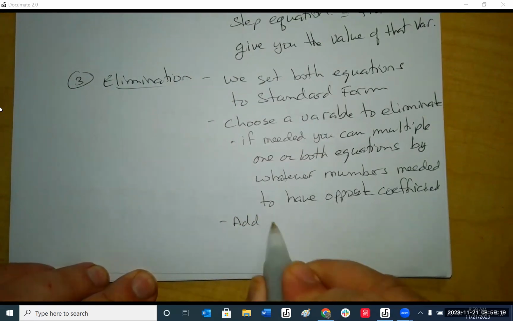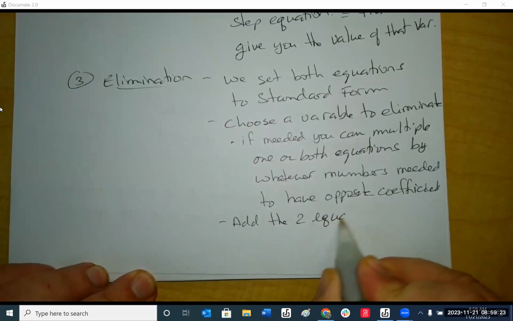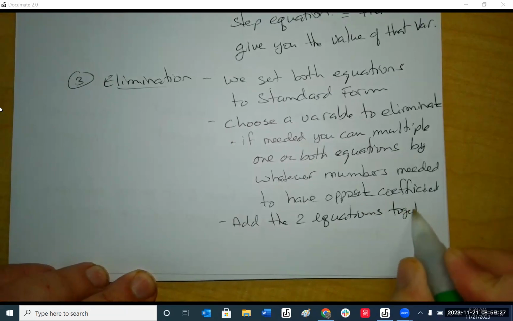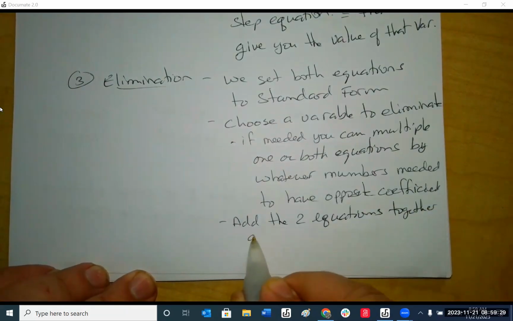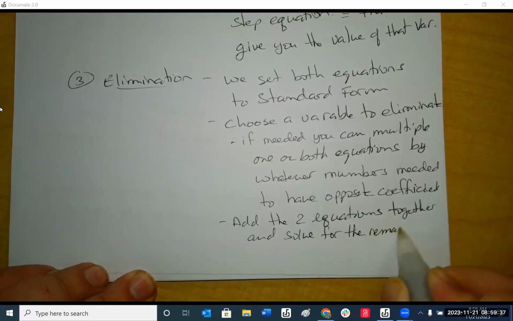Then add the two equations together and solve for the remaining variable.